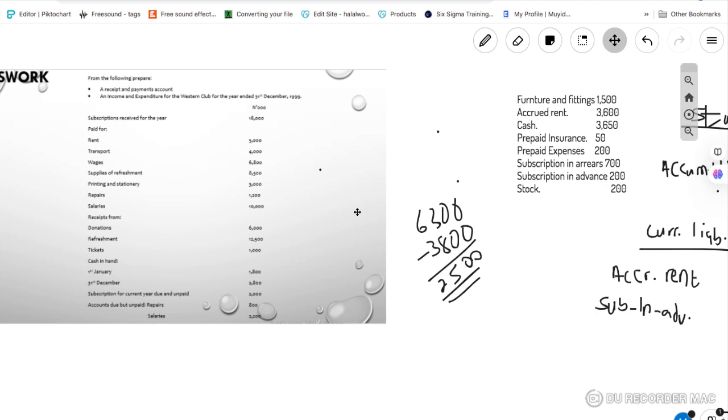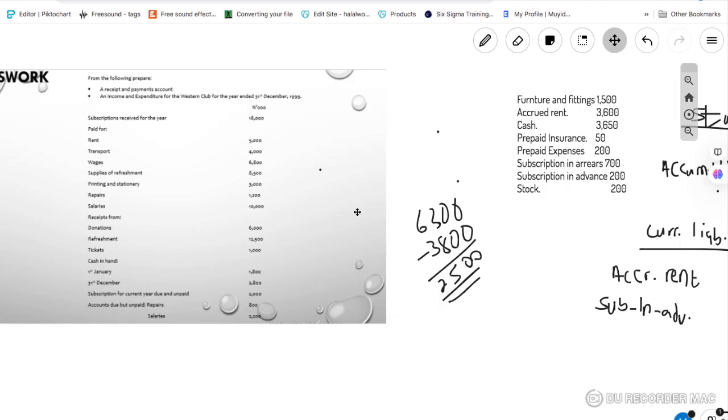But along the way, the organization may decide to start making profit by involving in various trading activities that can bring in profit at the end of the day. But for this class, I'm going to be showing you how to prepare the receipt and payment account for a non-profit making organization.